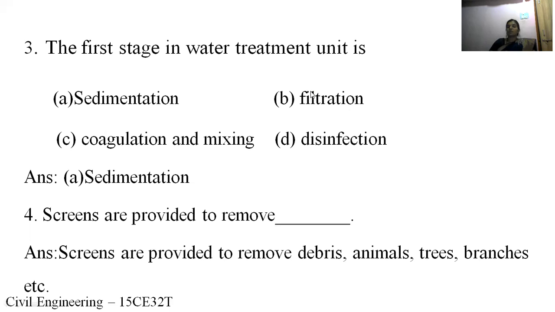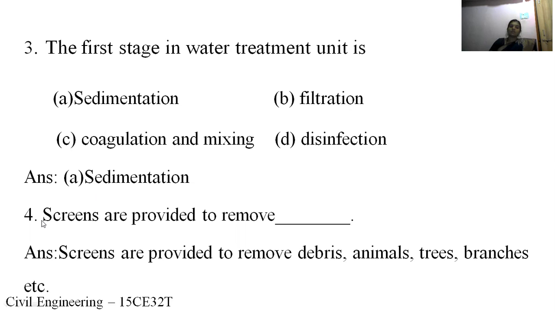After filtration, to kill some of the bacteria, we do disinfection, which may be chlorination. So the answer, the first stage in water treatment unit, is sedimentation.